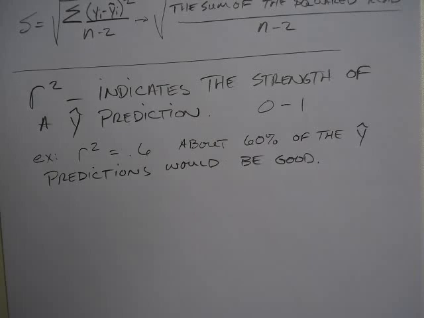What percent of the time would you be comfortable with saying that, hey, I'm okay making this prediction? What do you think? 80? Okay. Let me throw it out at you a little bit differently.